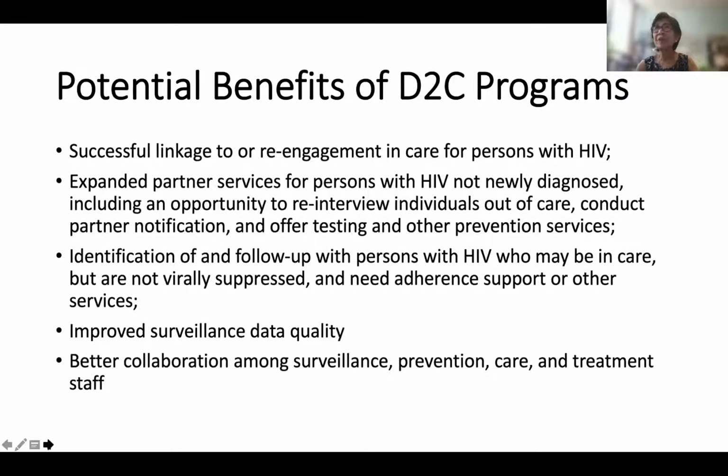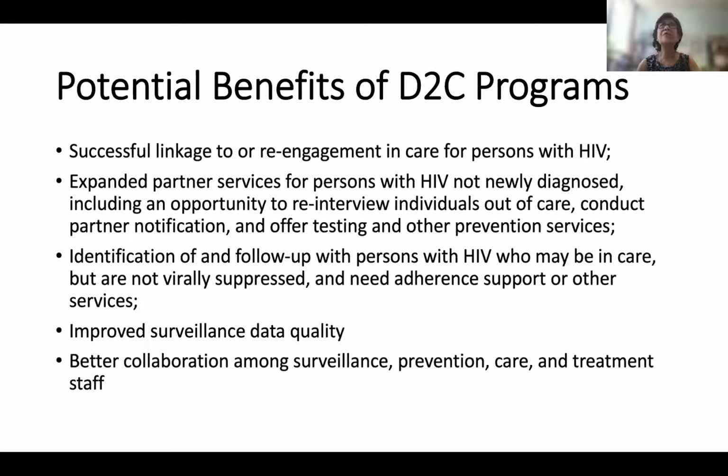So what are the potential benefits of D2C programs? As I've already mentioned, you can improve successful linkage or re-engagement in care. You can expand partner services for people with HIV who are not newly diagnosed, including re-interviewing individuals who are out of care, and identify and follow up with people who may be non-virally suppressed.